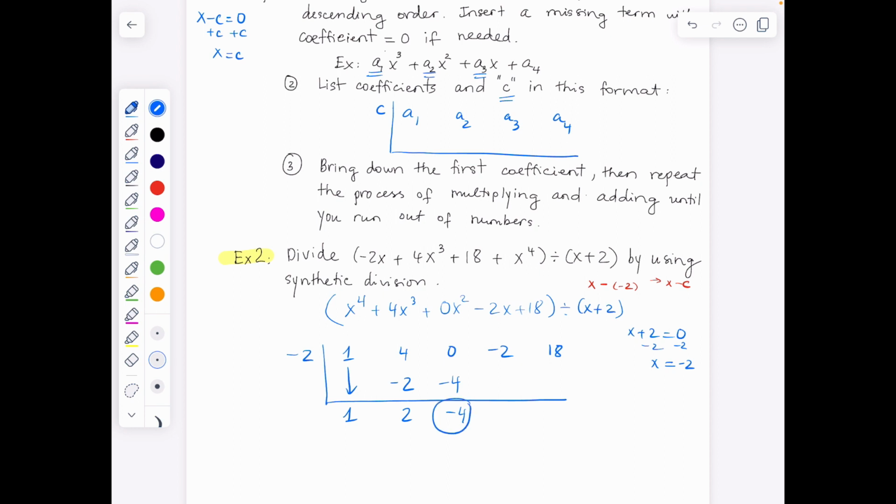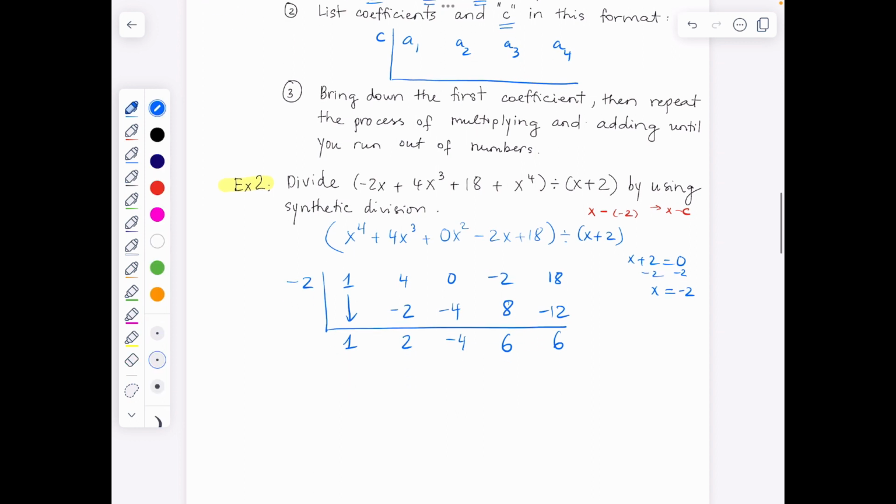Next, negative 4 times negative 2 is 8, and negative 2 plus 8 gives you positive 6. Again, 6 times negative 2 is negative 12, and then 18 minus 12 gives us 6. Now we run out of numbers. That's when we stop.